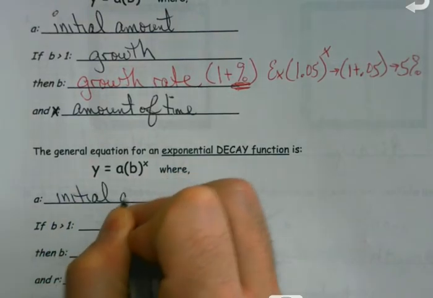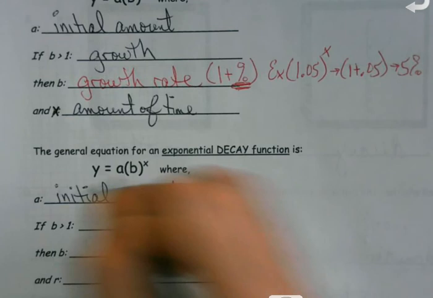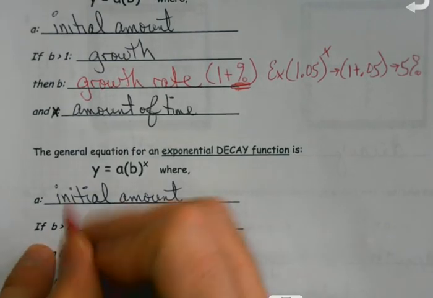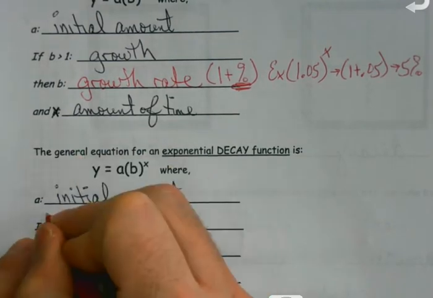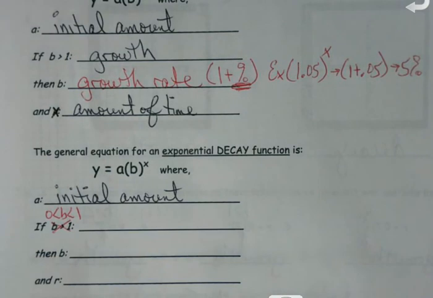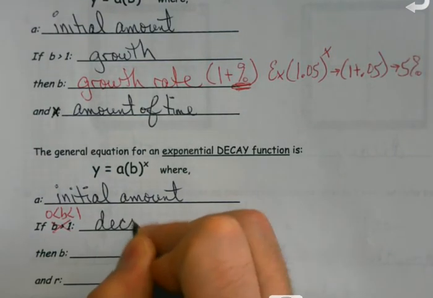A is still my initial amount. If b is between 0 and 1, not greater than 1 again, or it'd be growth again, that's going to be decay.